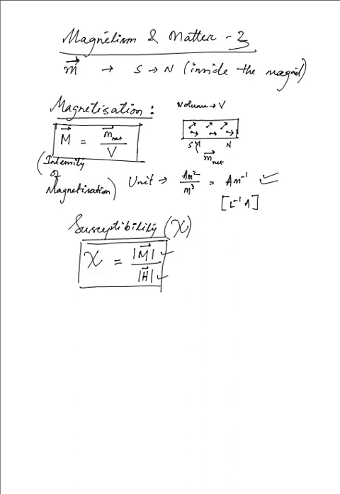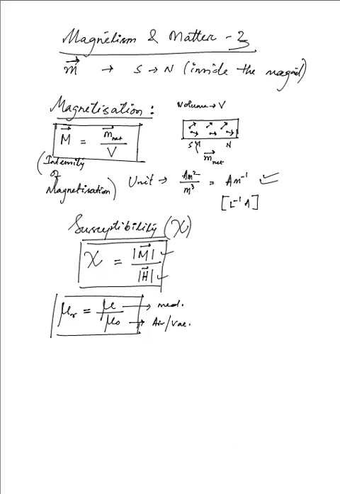We know there's a quantity called relative permeability, analogous to relative permittivity in electrostatics. The relative permeability is simply the ratio of the permeability of a given medium with respect to the permeability in free space. So this is for a given medium, and this is obviously for air, vacuum or free space.